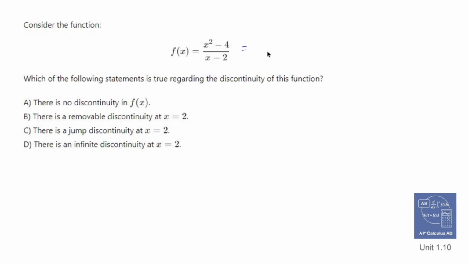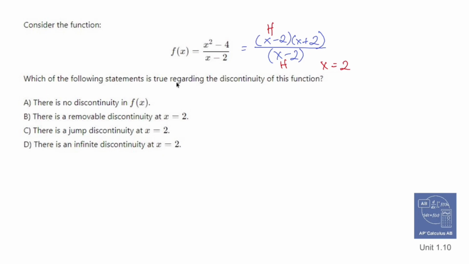The numerator is a difference of squares, so let's factor that: x minus 2, x plus 2, all over x minus 2. Now, since I have a factor of x minus 2 in the numerator and one in the denominator, that's going to be a hole, and that hole exists when x equals 2 because that's the number that would make this undefined. So at x equals 2, I have a hole.